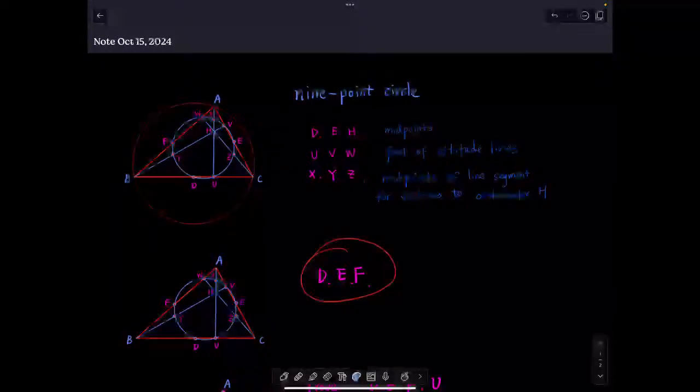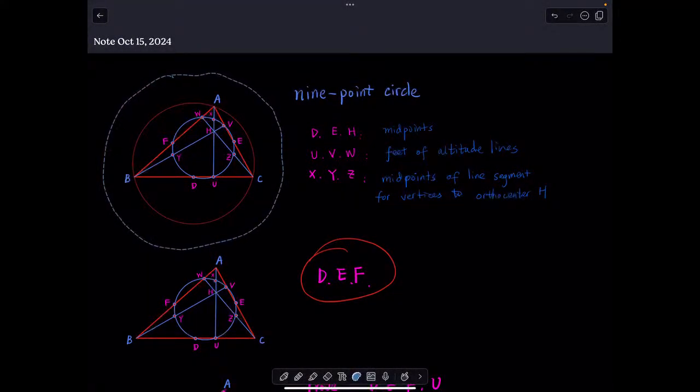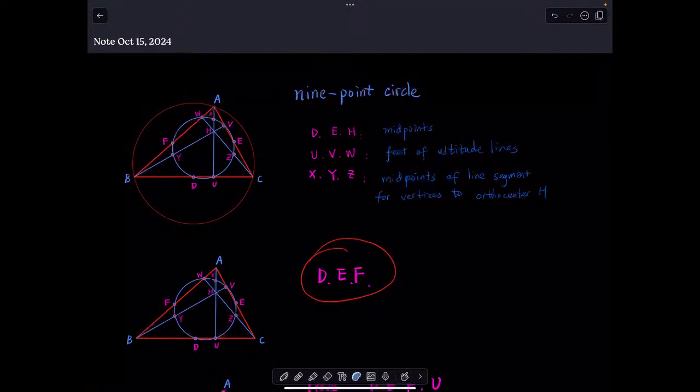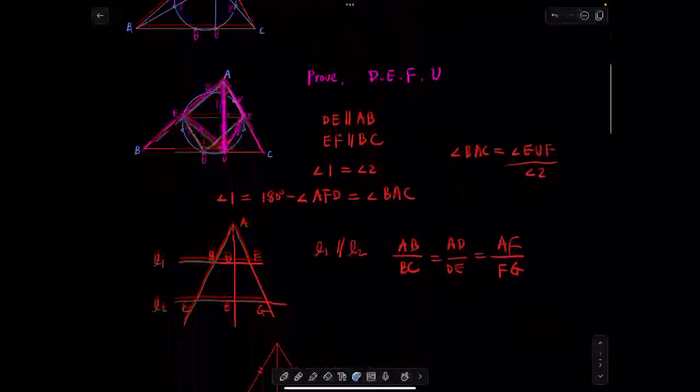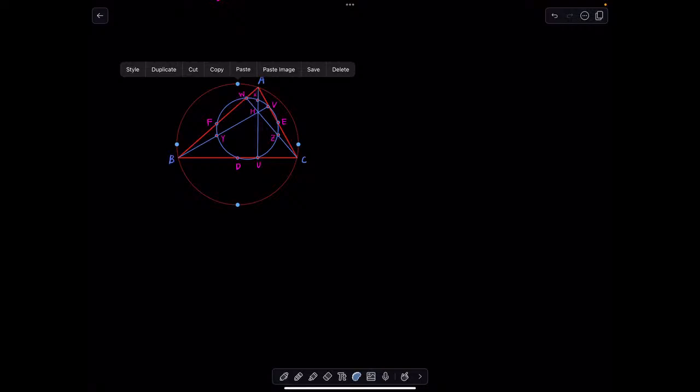Okay, let's copy paste. All right, so here we have, we'll get rid of this circle here.